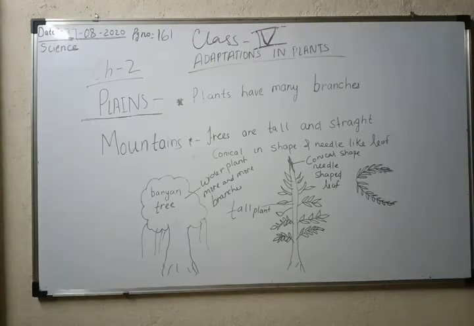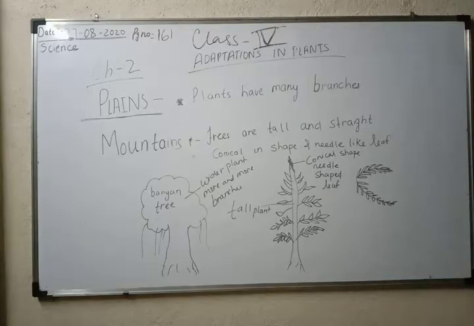In this way every season is equally divided, so that type of climate is called moderate climate, where there is neither too much cold nor too much heat.